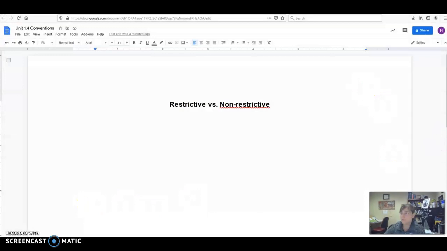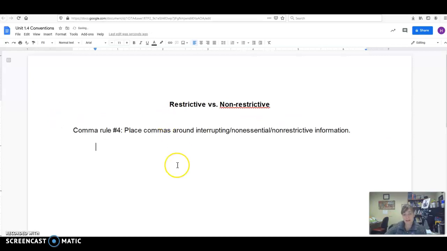Our comma rule number 4 is that we need to place commas around interrupting, non-essential and non-restrictive information. All these fun, again, fancy grammatical terms can be a little bit challenging.